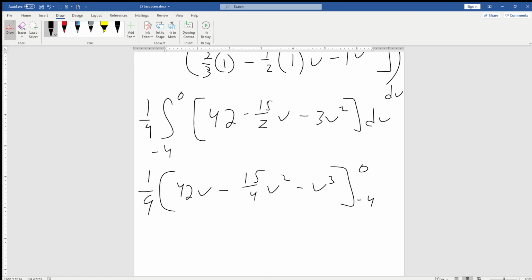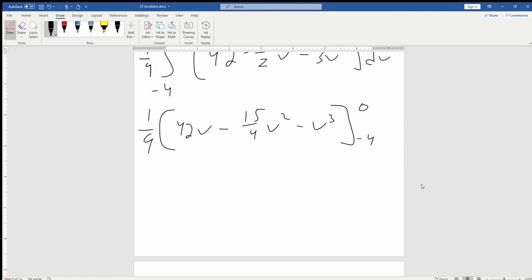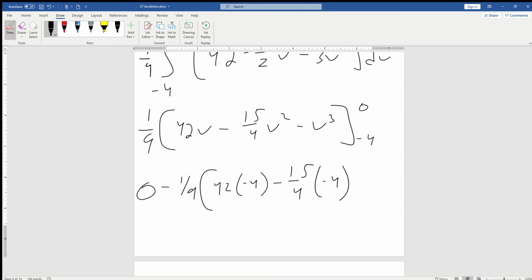Now we have to be careful. Negative 4 is the lower bound this time. Notice it's a polynomial, so all the v's go away, and the first term is 0. So we get 0 minus 1/9 times 42 times negative 4, minus 15/4 times negative 4 squared, minus negative 4 cubed.